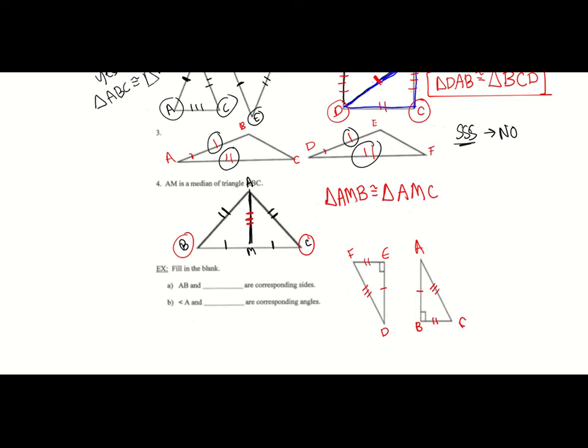We want to fill in the blank with the missing information. So AB and what are corresponding sides. So if this is AB, we know it is our long leg of the triangle. So we know AB is going to match up with DE. And then angle A, top of our triangle, and angle D are corresponding angles.